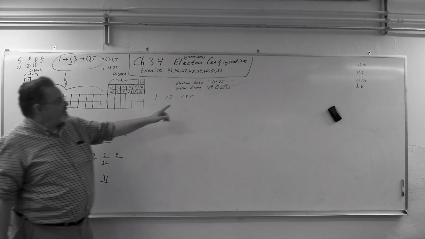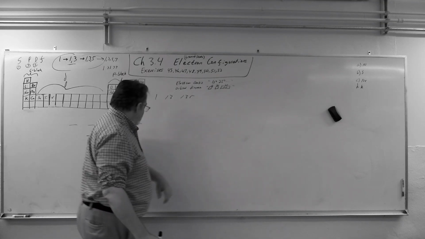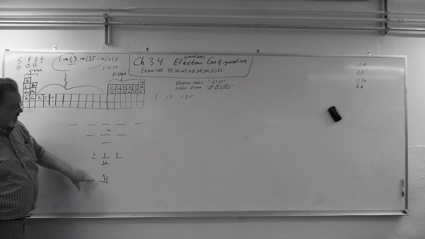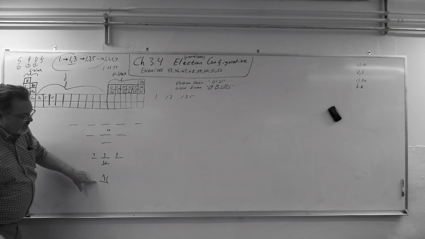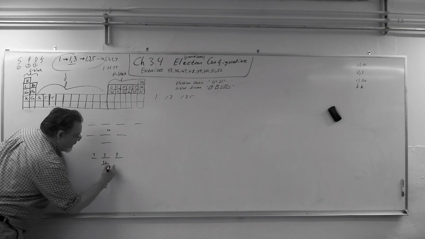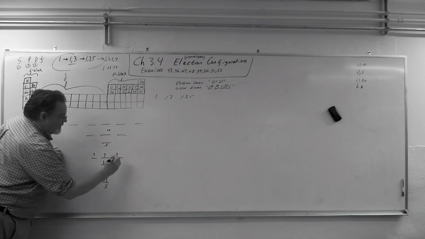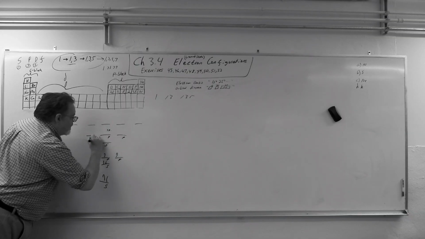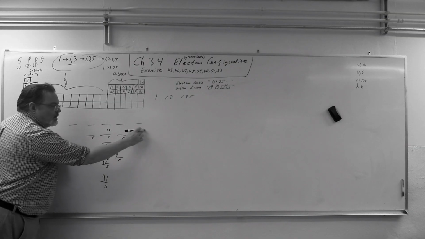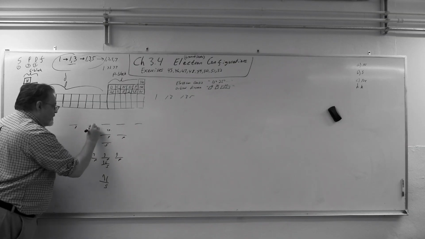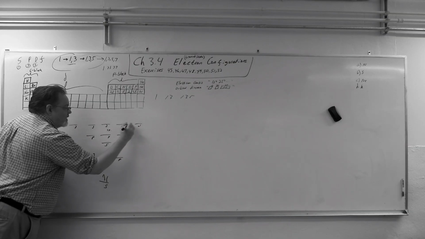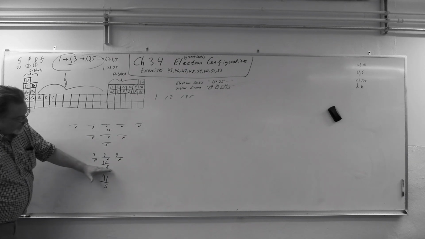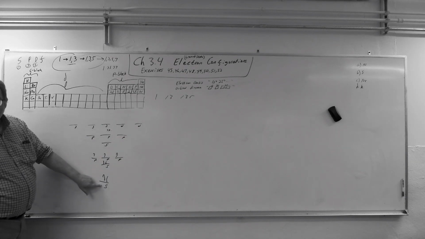But to write this out, the 1s2, the 2s2, we need the labels. So what's the label that goes on these? Well, it's S, the ones I was pointing at. These are the S. The ones that are 3 are P's. And then these are D's. Now we number them. What's the number goes here? 1.